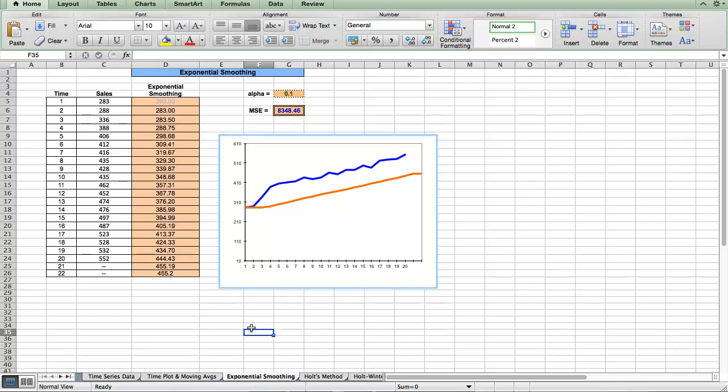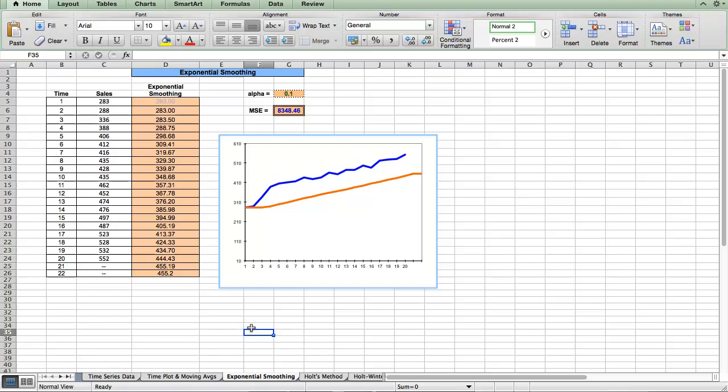However, as we noted, our sales data has a clear upward trend. Generally, we would use exponential smoothing when the data do not have either trend or seasonality.